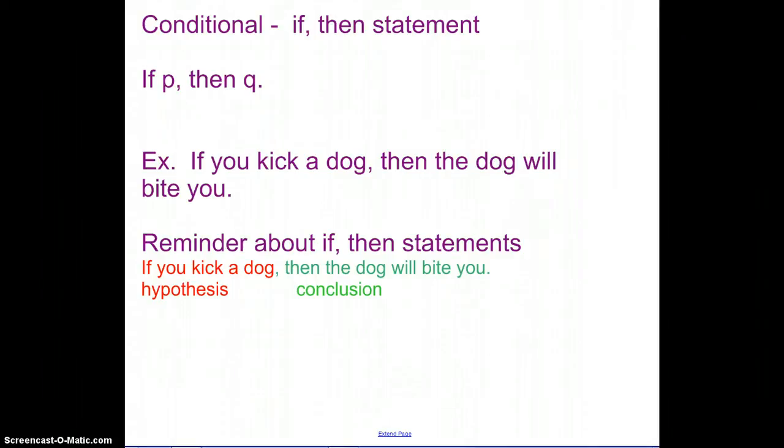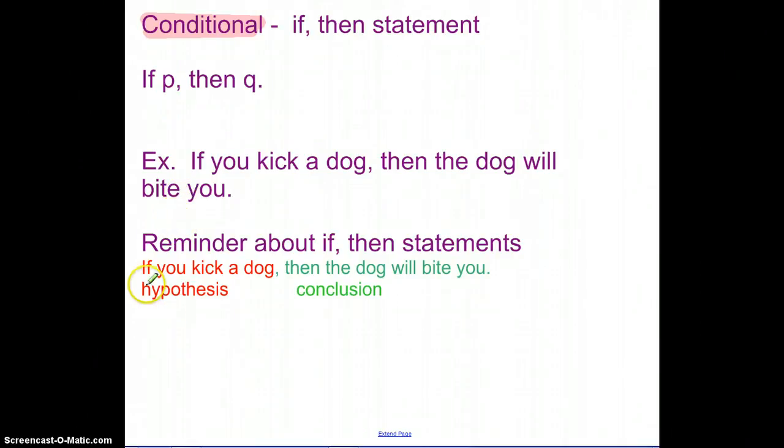Now, first of all, just as a review, a conditional is an if-then statement. So if I wrote if P then Q happens, that's an if-then statement, so it would be a conditional. Now, a completely non-mathematical example here, but if you kick a dog, then the dog will bite you. It is an if-then statement, even if it's not mathematical.